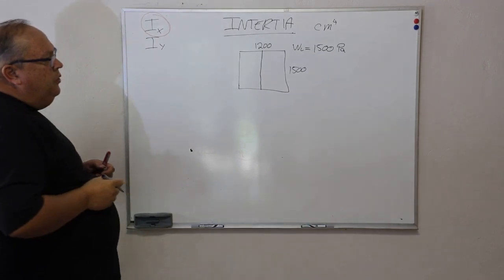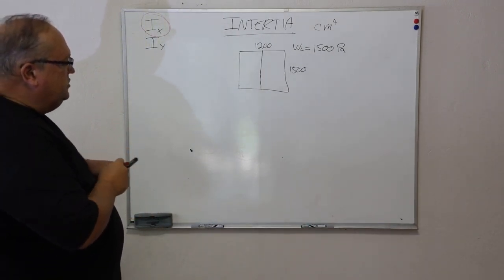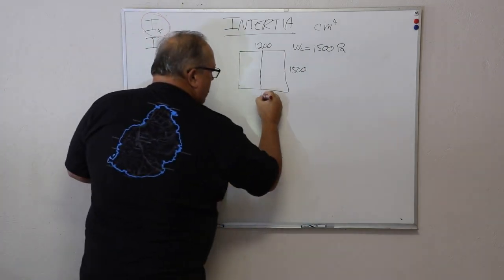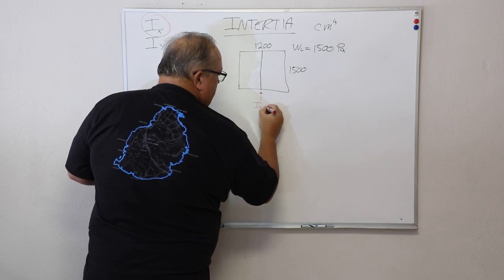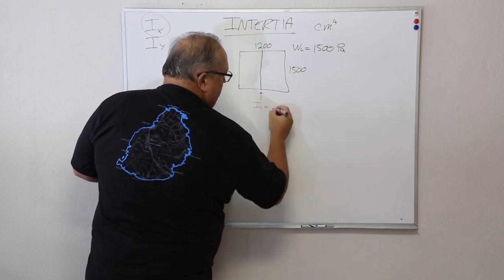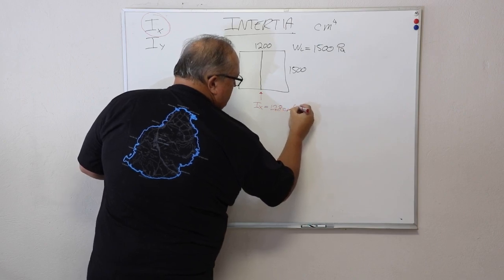What I can do is I can do the calculation and I can determine that the required Ix, or the minimum Ix value for this aluminium profile, let's say is 12.8 centimeters to the fourth power.